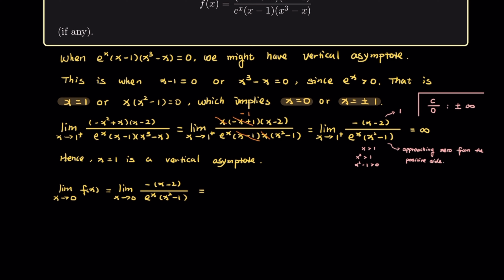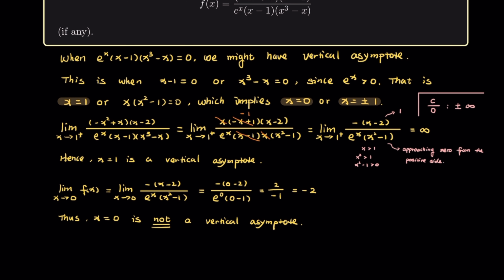You have a constant directly. There is no dividing by 0. We can just plug in the number and get to the final result. So that's going to be negative 0 minus 2 over e to the 0 times 0 minus 1. That's -2 over negative 1, which is 2. And because the limit is not infinity or negative infinity, x equals 0 is not a vertical asymptote.